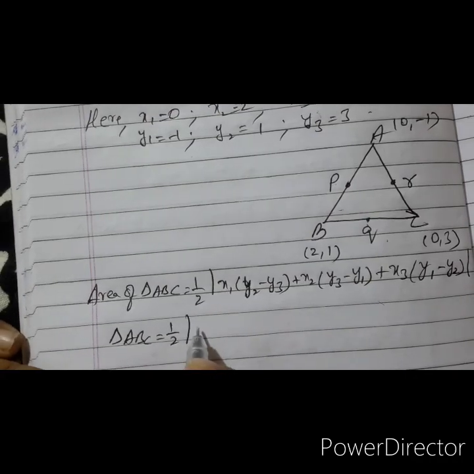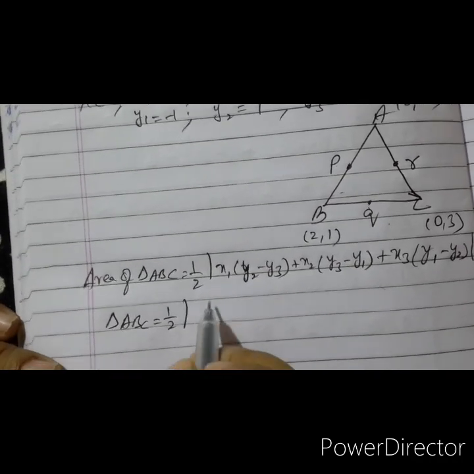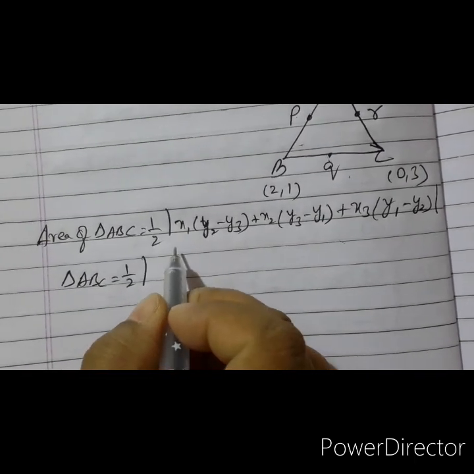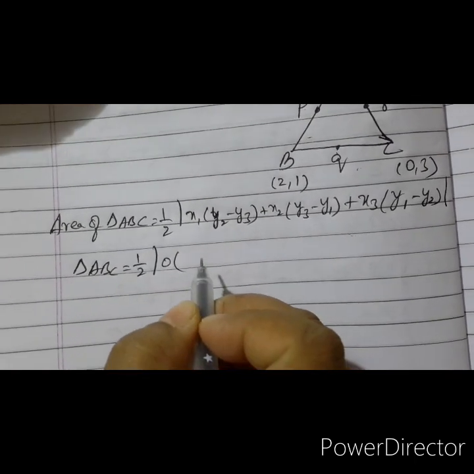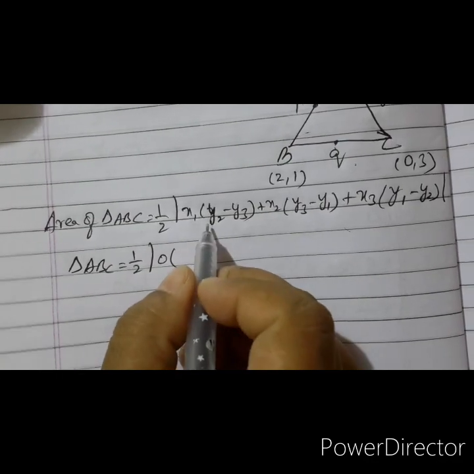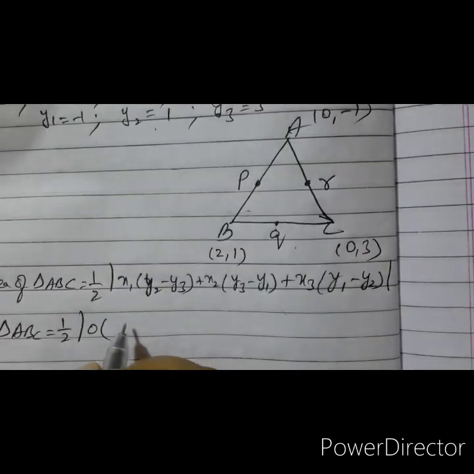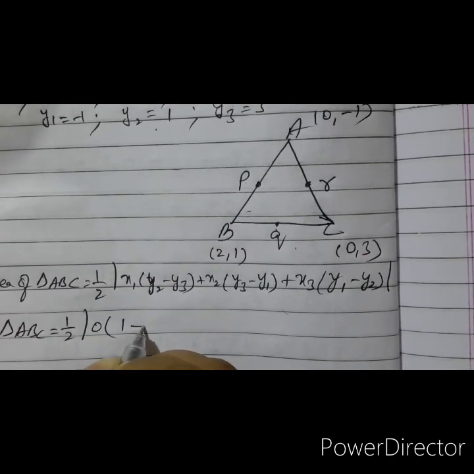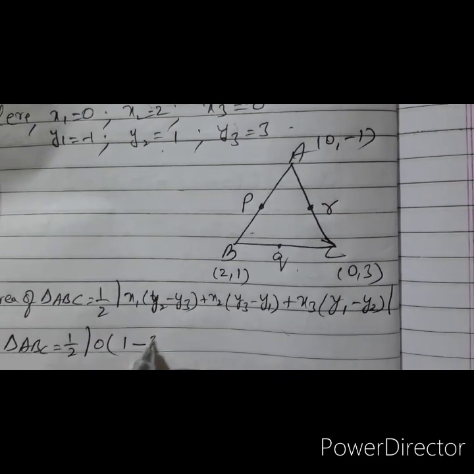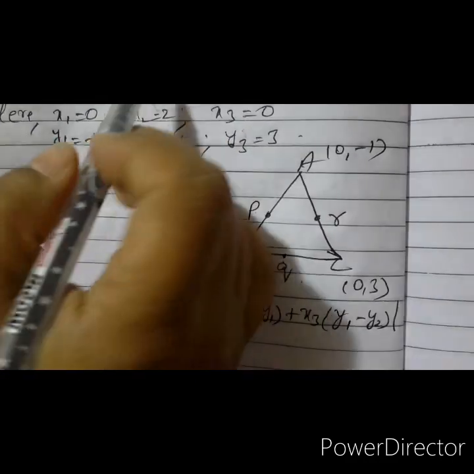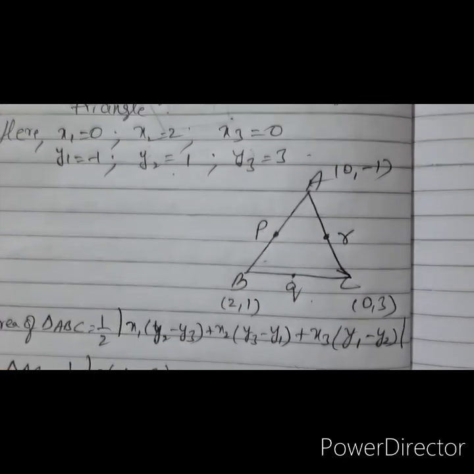Now here I am first finding the area of the triangle ABC. This is the formula, as you know. Now substitute here. What is x1? 0. What is y2? y2 is 1, minus y3, which is 3, plus x2, which is 2.